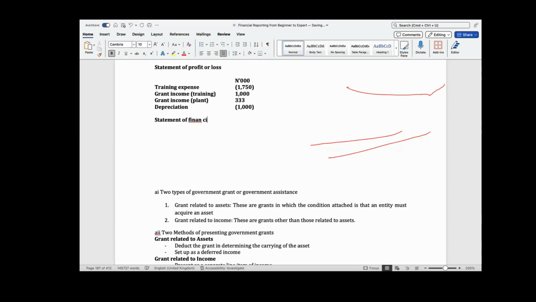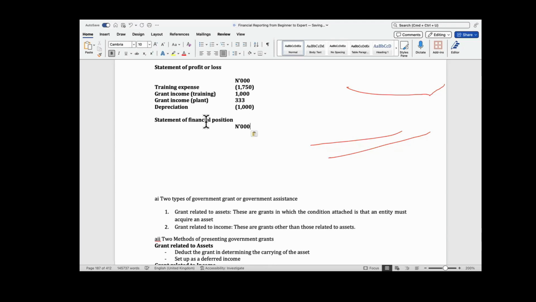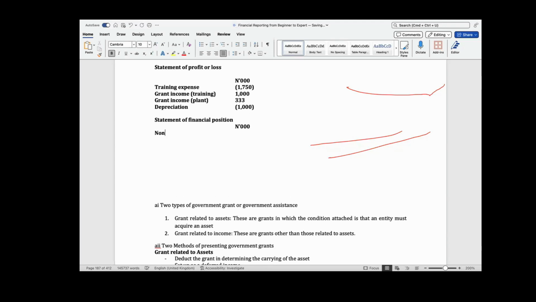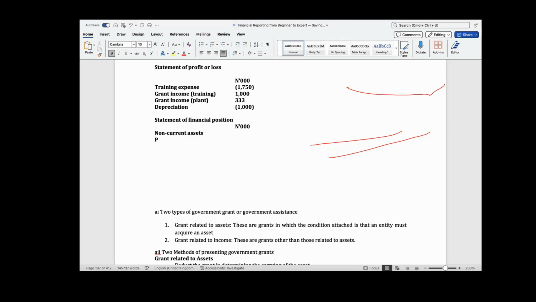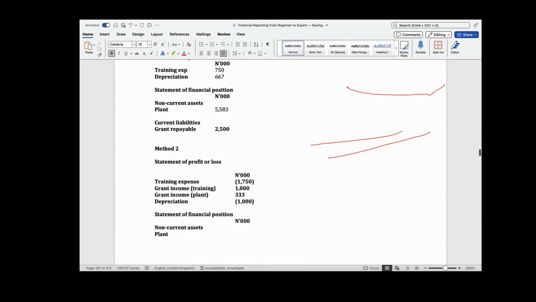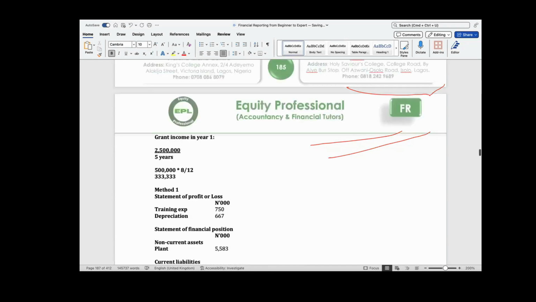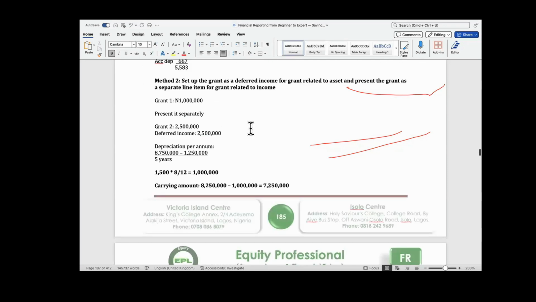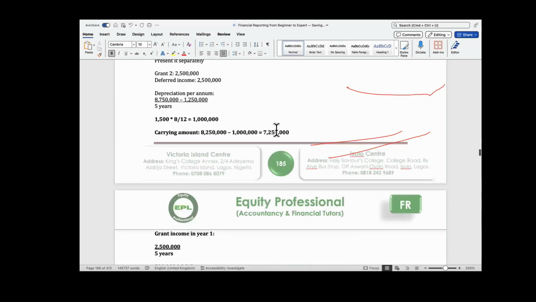So my statement of financial position, my non-current assets, the plants, how much is the carrying amount for method 2? We got 7,250.